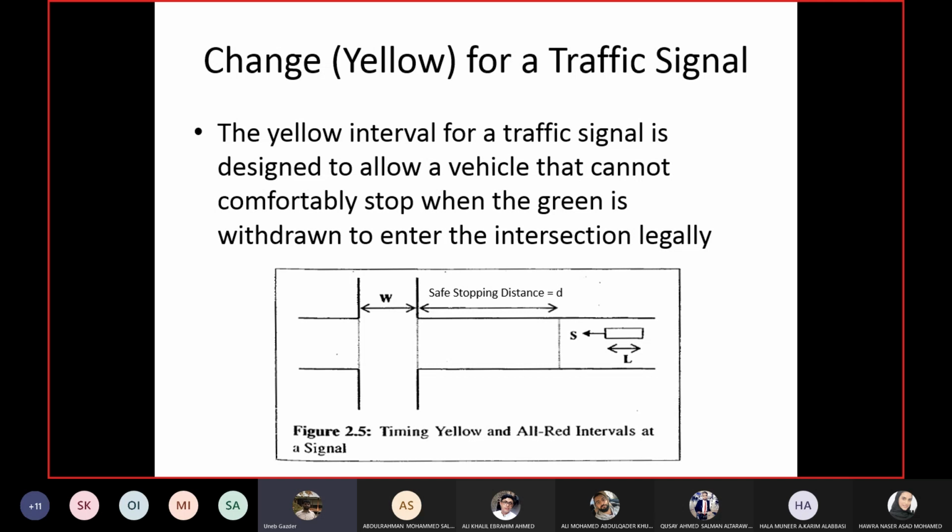What is the purpose of giving yellow interval in your opinion? Give me your opinion. Go ahead. You need to speak up. Messages won't reach me.